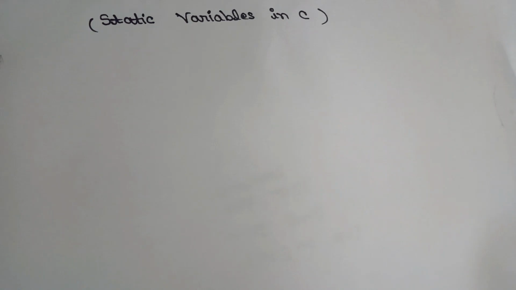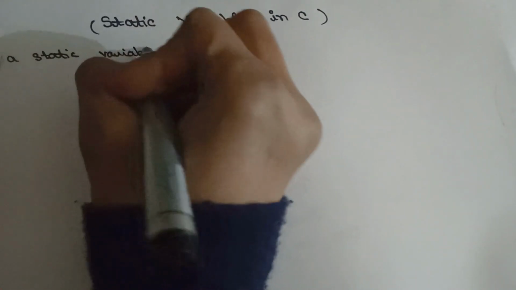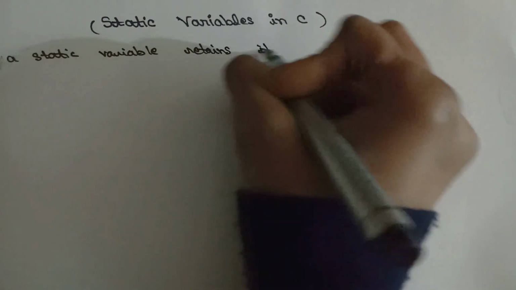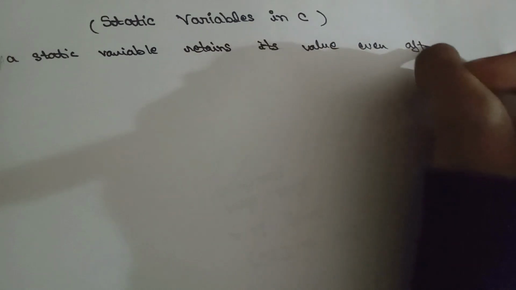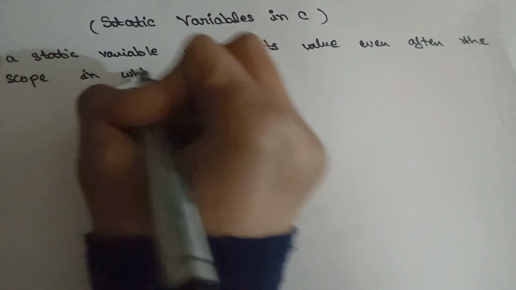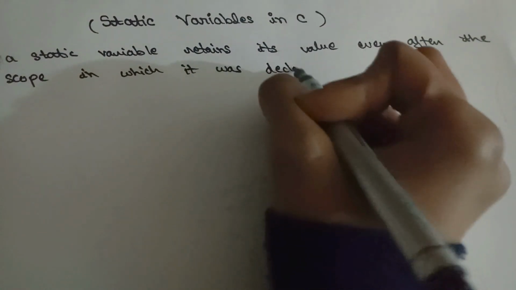Let's start with static variables in this video. Now let's have a look at the definition. A static variable is a variable that retains its value even after the scope in which it was declared is over.